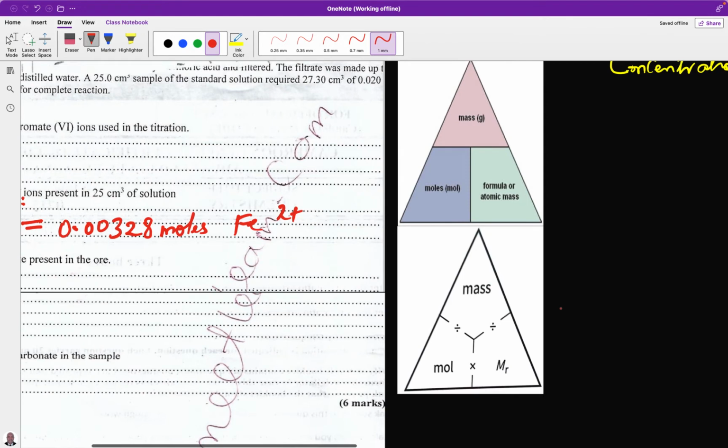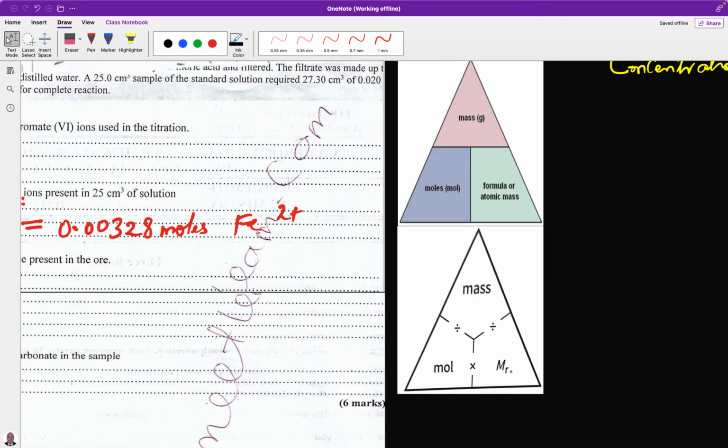From our mole triangle here, what is mass? This is mass, this is moles. Mass divided by moles, we have the molar mass. Moles times the molar mass, we will have the mass. So this is the relation. You go up like that.